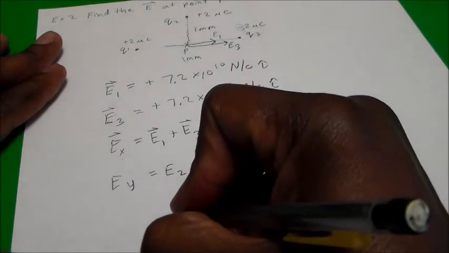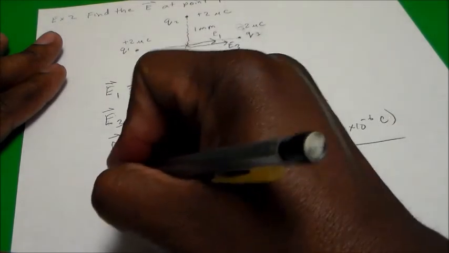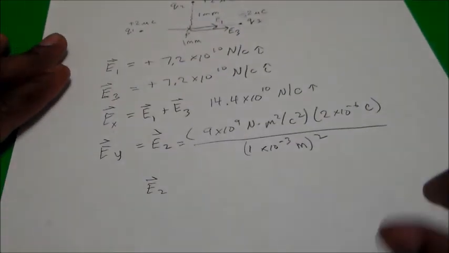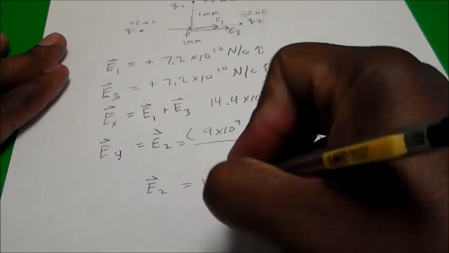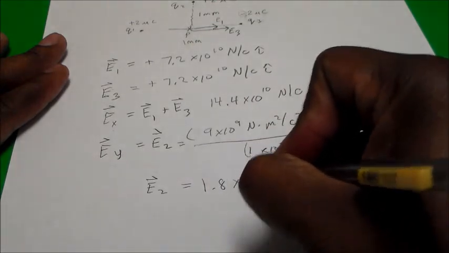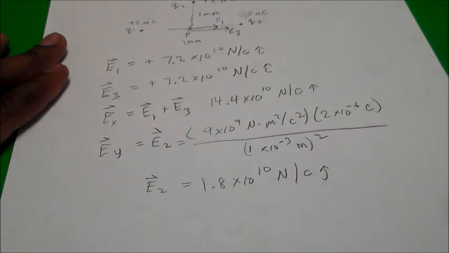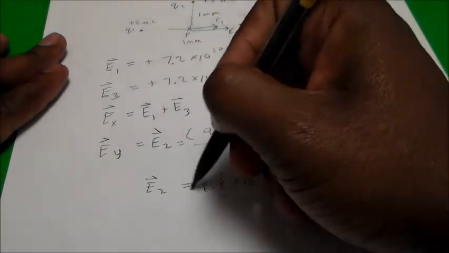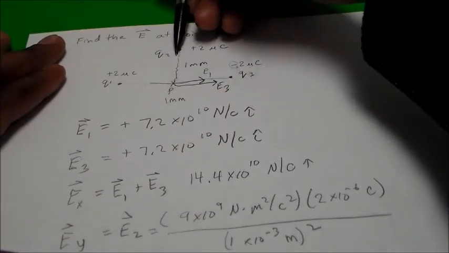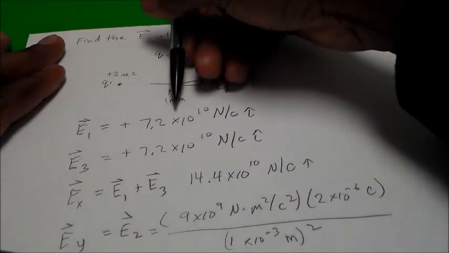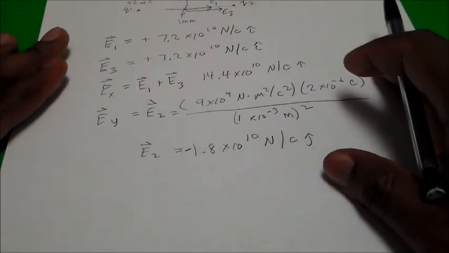I already calculated this out, and so E2 vector, let's make sure we put our vector signs there, is actually equal to 1.8 times 10 to the 10th newtons per coulomb, and this is going to be going in the j direction, but remember it's going in the negative j direction because it's going towards P and downward.